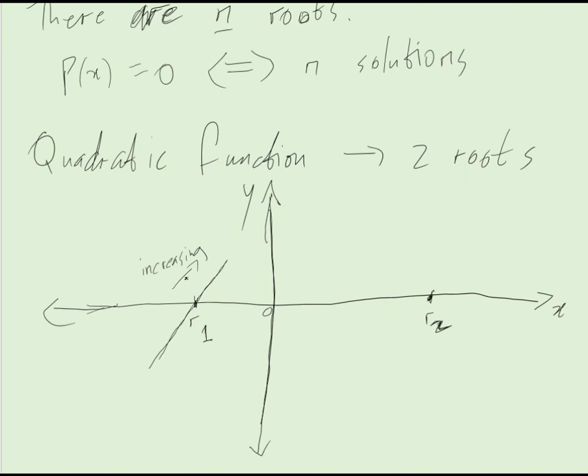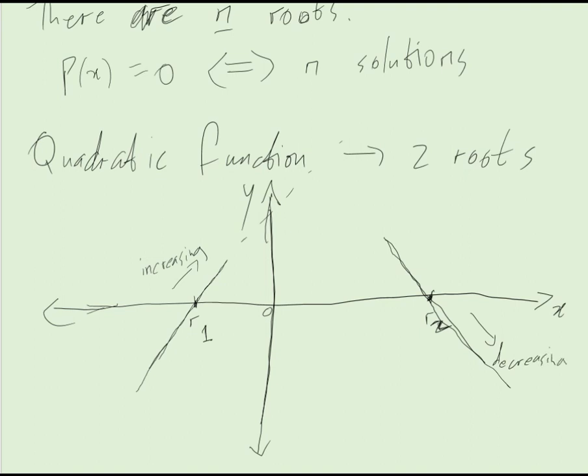This is a continuous connected function, so if it's going to cut R2, it has to be going downward. Because if it continued increasing, it would just go higher and higher. So in order for it to cut the x-axis again, at some point it has to be decreasing.